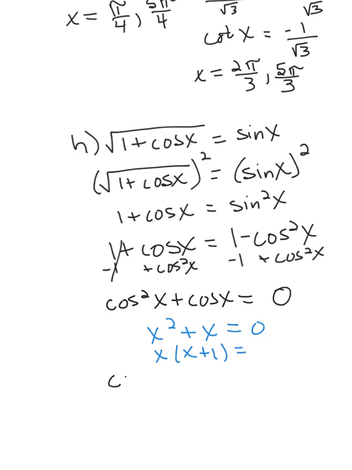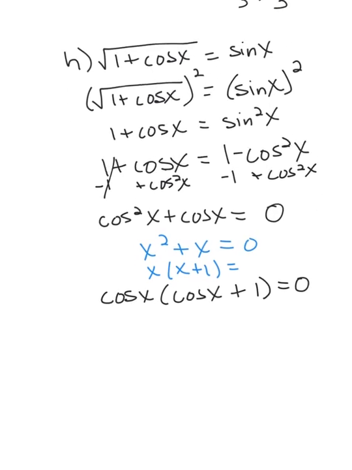So we're going to factor out cosine of x. If I take cosine squared divided by cosine of x, I am left with just cosine of x. Plus cosine of x divided by cosine of x leaves us with 1 equals 0.